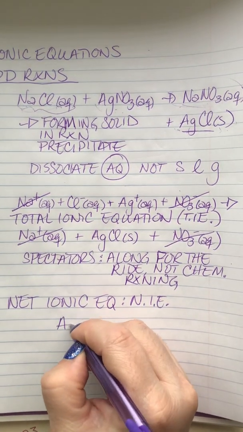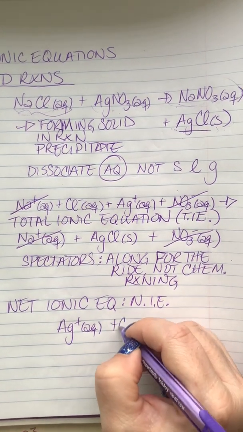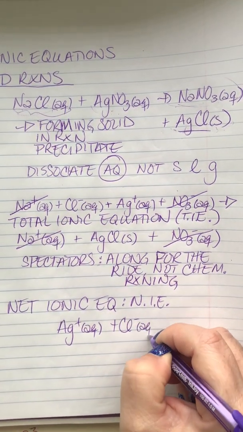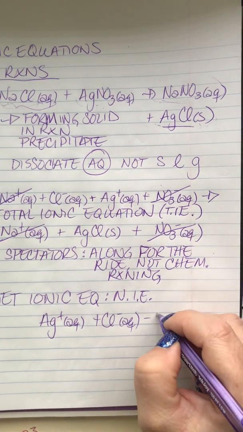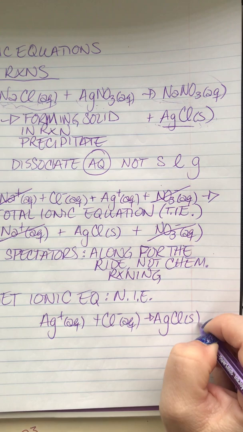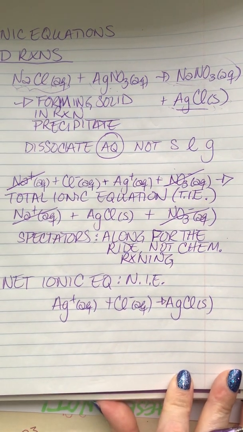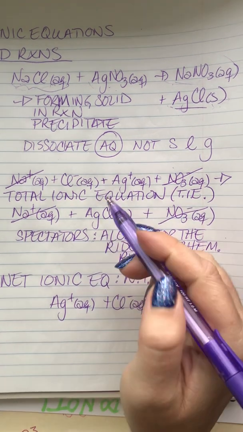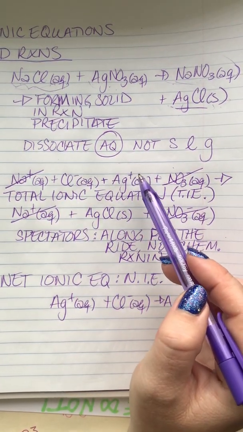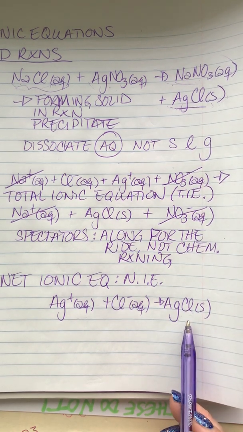Which is going to be Ag plus Cl minus goes to silver chloride solid, right? So whatever's left over after we cancel out the spectators is what we put in the net ionic equation.